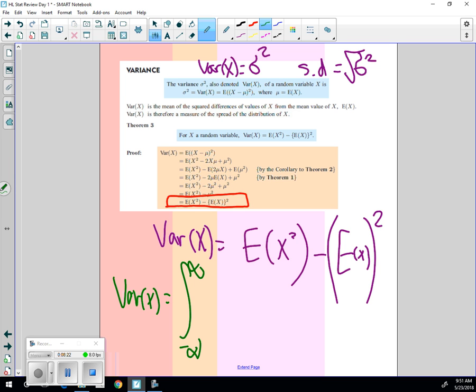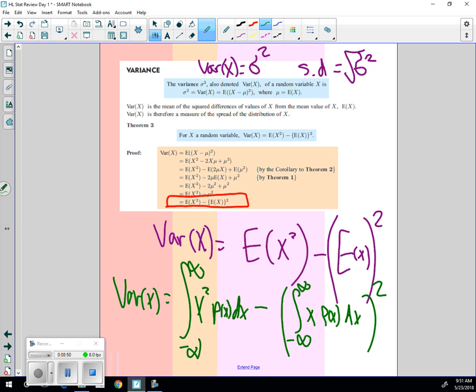For E of x, we said that the expected value was the integral from negative infinity to infinity of x p of x. What do you think E of x squared is as an integral? It's just x squared. This is x squared p of x. This is x p of x.